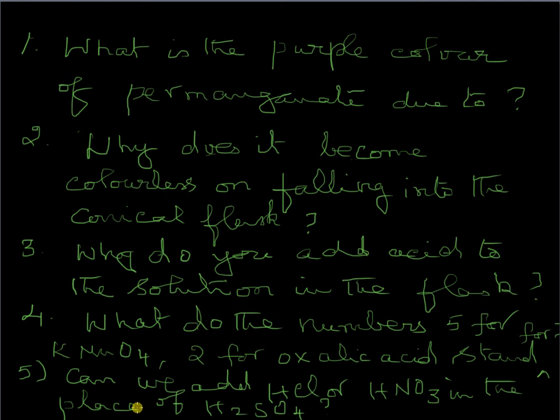HCl will consume the permanganate for oxidizing itself, and nitric acid will do part of the oxidation. In both cases, your titer value would not be correct. Hence, we avoid the other 2 acids, and sulfuric acid does not participate in any of this. It is neither getting oxidized nor getting reduced. So we have to use only sulfuric acid.